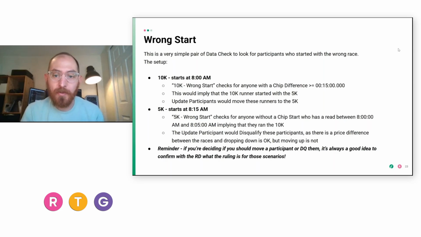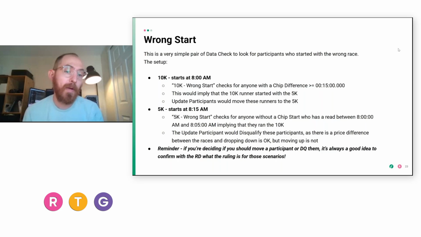So what this is going to do is find anybody who had a chip difference of greater than 15 minutes, because that would imply that this person actually started with the 5K, which was 15 minutes after the 10K. And then you would set up the area at the bottom of the data check to automatically move these participants into the 5K.